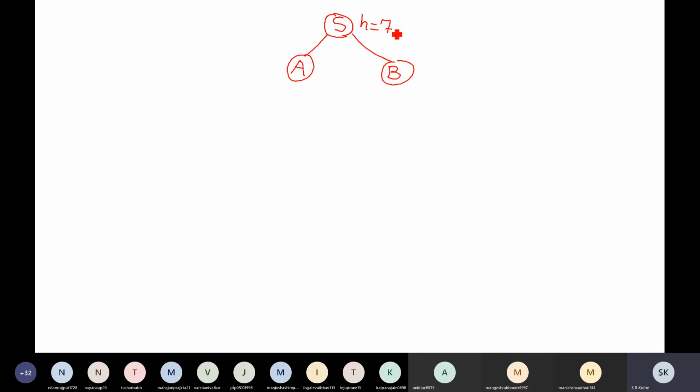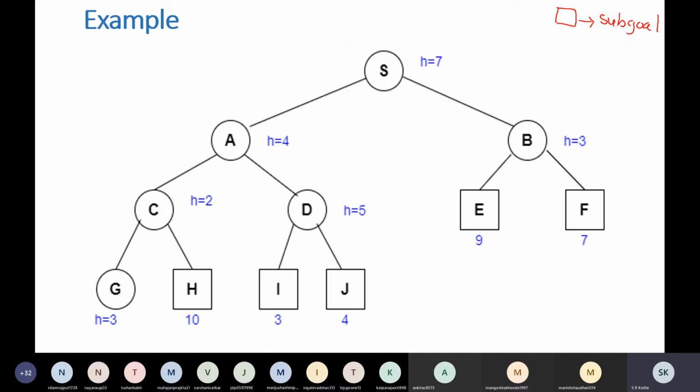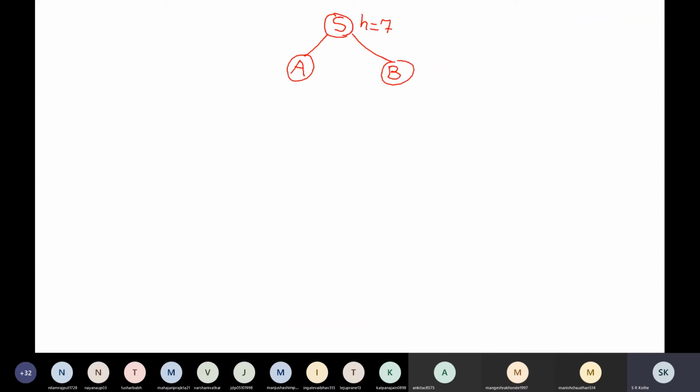That is given. A and B are generated with corresponding costs 4 and 3. So the H cost here is 4, and here the H cost is 3.